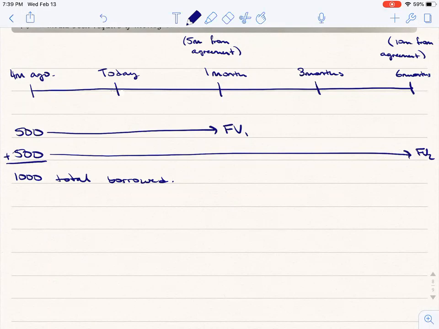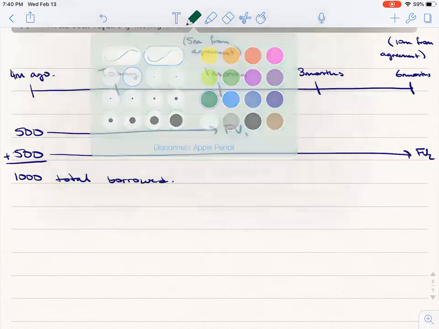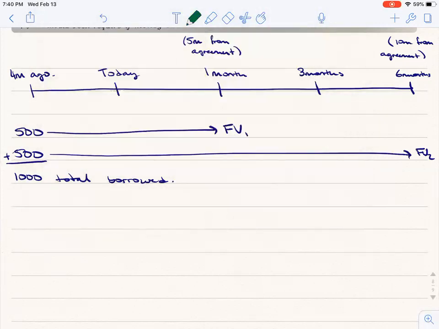Okay. So that was the original. I'll use a different color maybe. Green. I know it doesn't show up that well on here, but in the PDF it will.